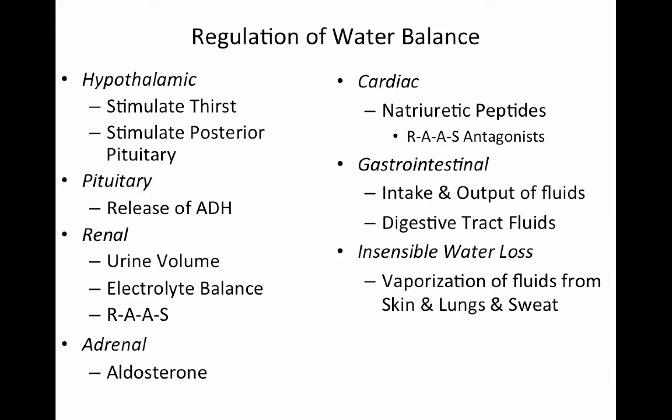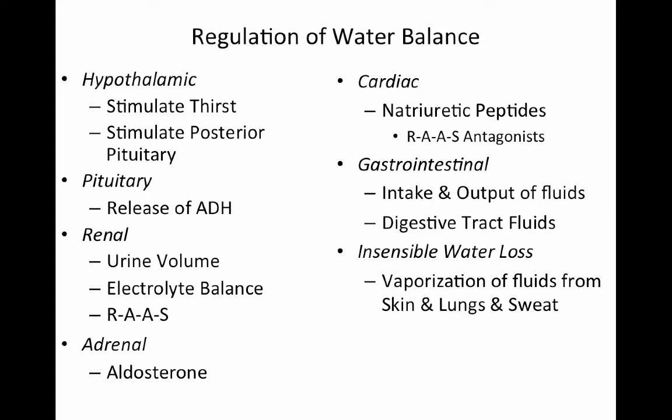The heart also plays a role in the regulation of water balance by secreting something called natriuretic peptides. The natriuretic peptide that you will become most familiar with is something called BNP.